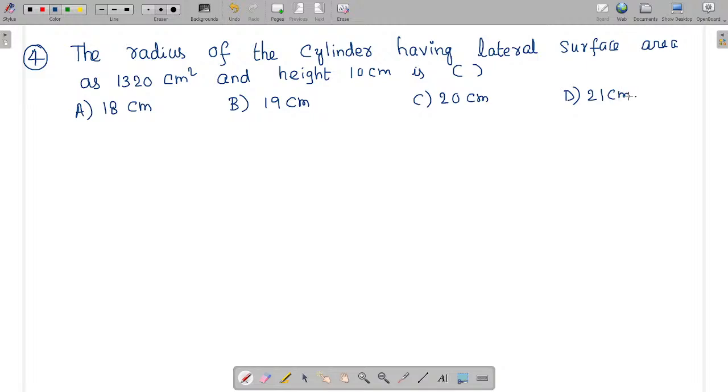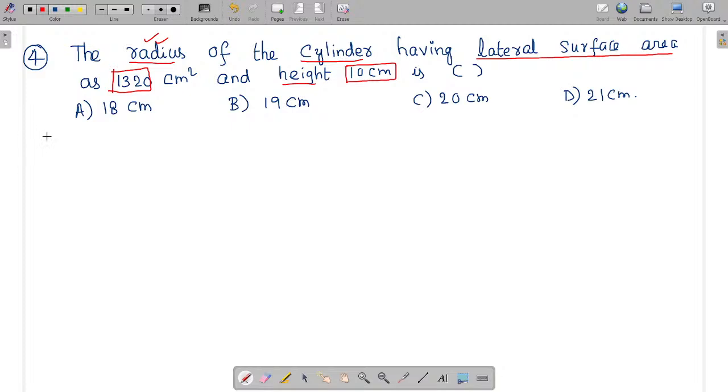Okay, can you solve this problem? Am I audible? Yes or no? Let me read the question once again. The radius of a cylinder having lateral surface area as 1320 centimeter square and whose height is 10 centimeters. Then we need to find the radius of the cylinder whose lateral surface area and height are given.